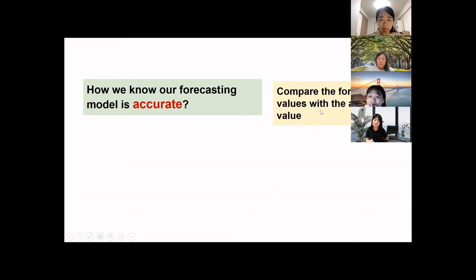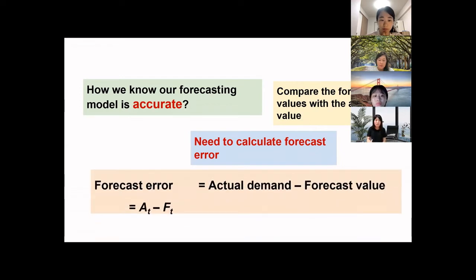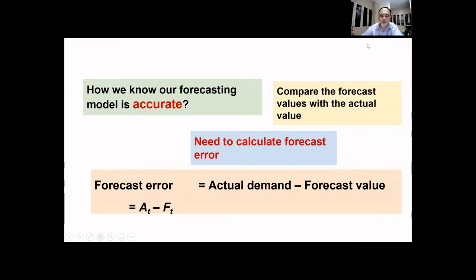We want to compare the forecast values with the actual values. If I have a method to measure that, I can determine whether it is accurate or not. So forecast error is actual demand minus forecast demand. That is what we call error. But there are methods to actually determine this. I'm going to introduce the methods for determining the accuracy of our forecasting method.